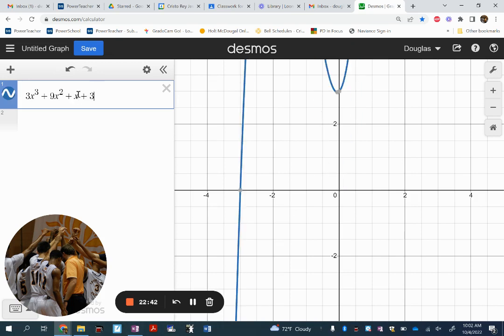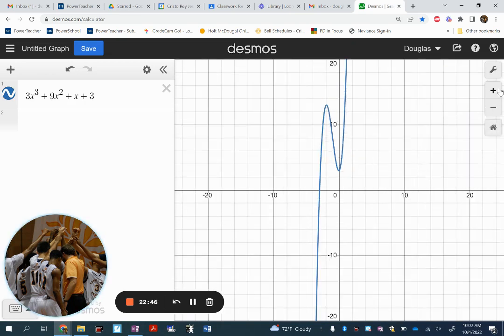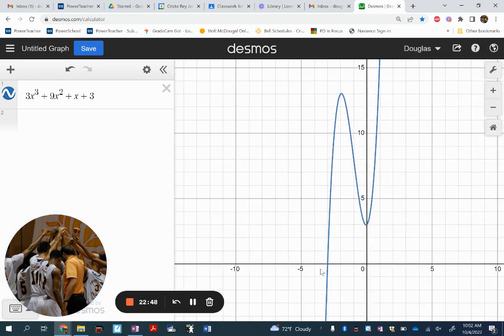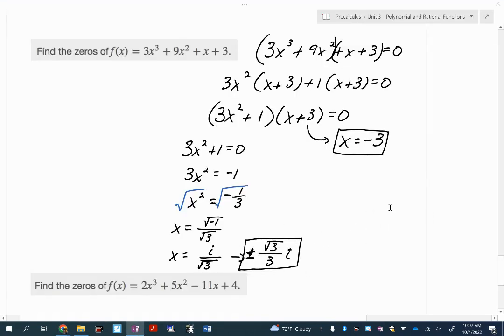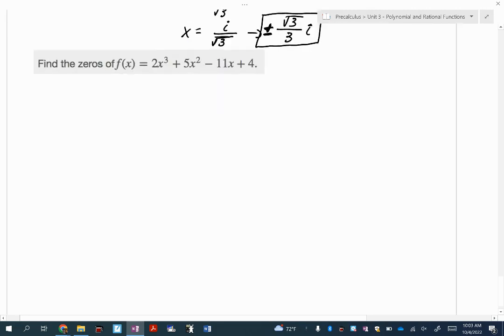And sure enough, when I look at this, you can see we only cross the x-axis at 1 of them, and we don't have another time that we touch or cross the x-axis. So that's why it looks like there's only 1 solution, but we had 2 that were complex with that letter i. Okay, let's do one more, and then you guys can try some of these on your own.